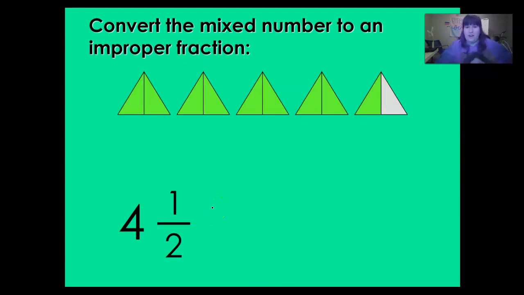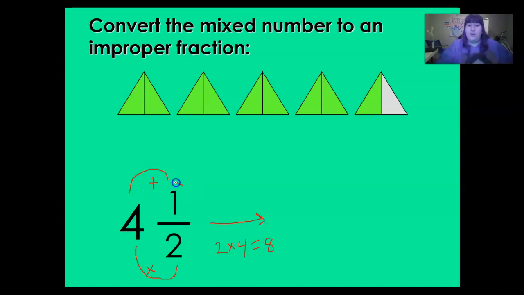So we have 4 1/2, and we want to turn this from a mixed number into an improper fraction. Step 1, denominator times the whole number. 2 times 4 equals 8.